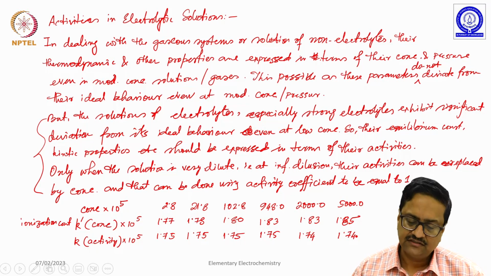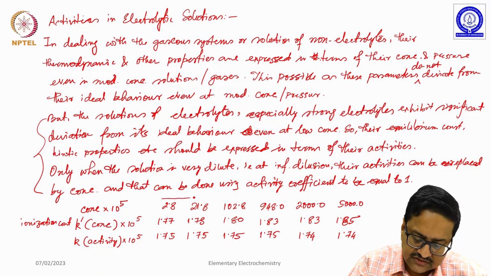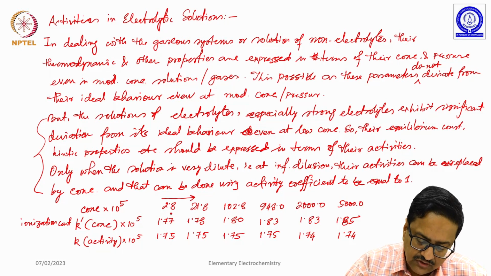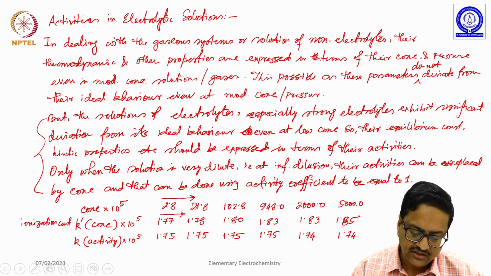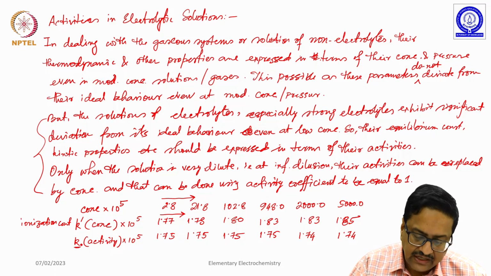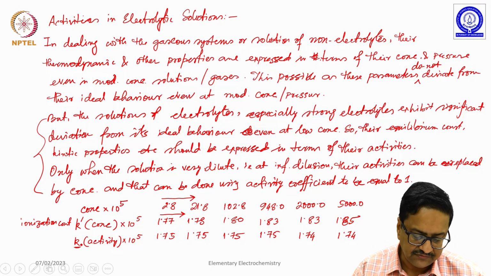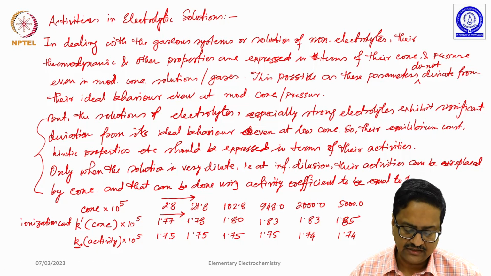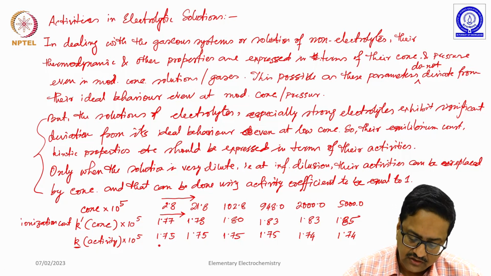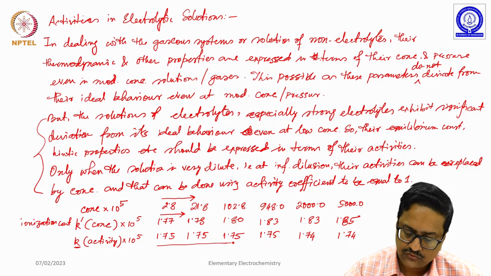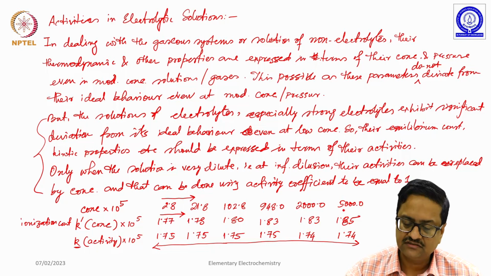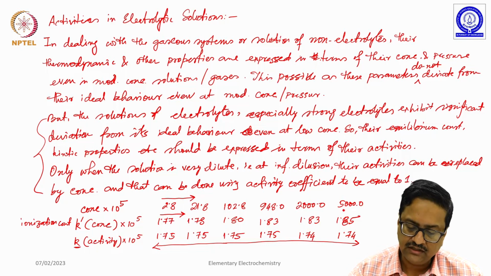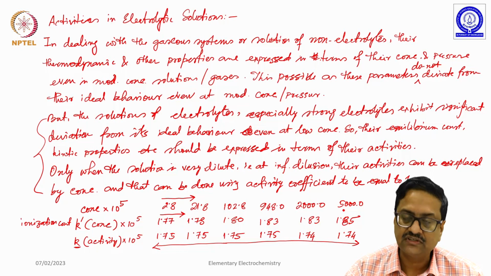So, what we see is that with increase in concentration, the value of K prime increases from lower concentration to higher concentration, whereas the value of K, that is the value of ionization constant in terms of activity, remains the same throughout the range of concentrations. You can understand the difference between 2 and 5000 is an order of 25,000 times.